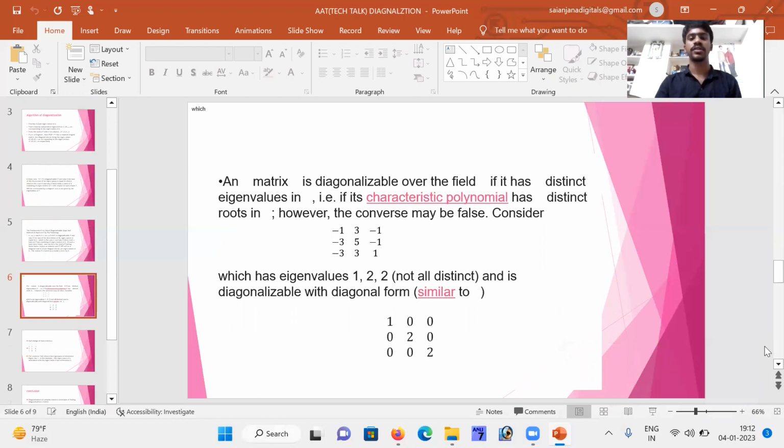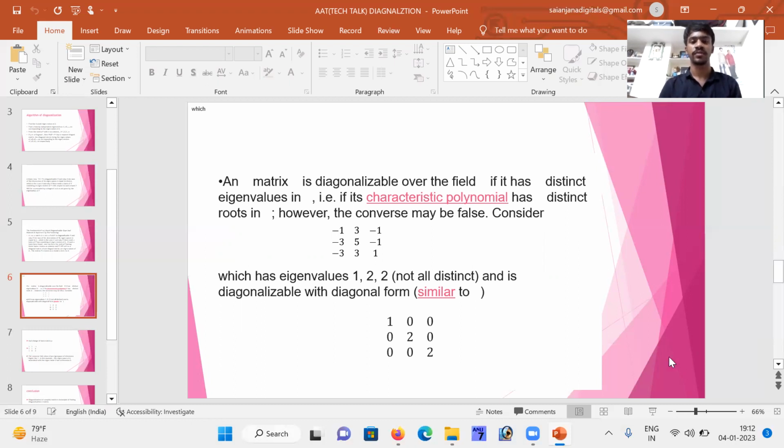A matrix is diagonalizable over the field if it has distinct eigenvalues, that is, if its characteristic polynomial has distinct roots. However, the converse may be false.